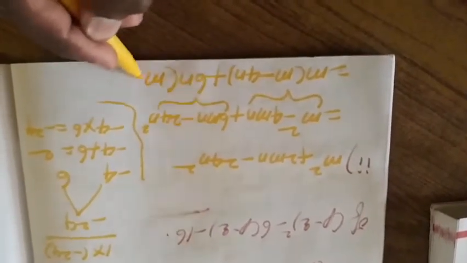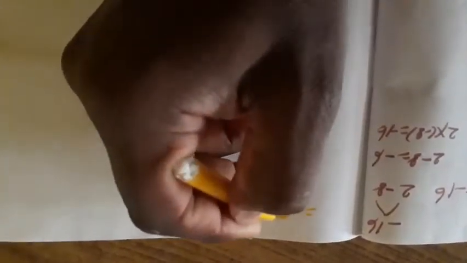In the next two terms, 6n is common, remaining m minus 4n. Now m minus 4n is common, take it outside, remaining m plus 6n.